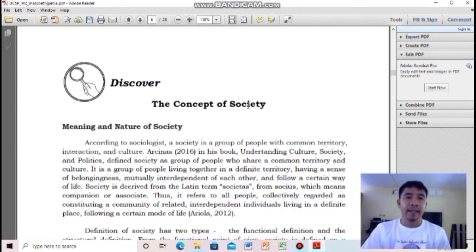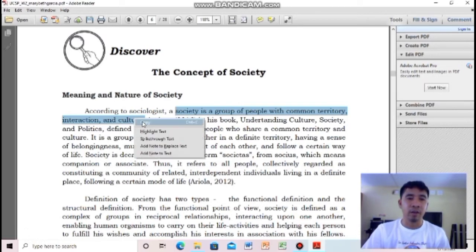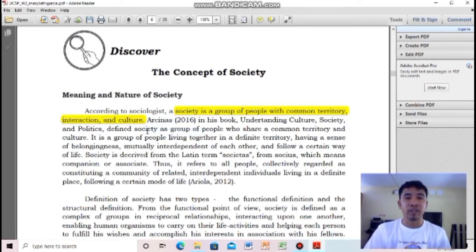Okay. Let us start the lecture for this week, meaning and nature of society, or what is the concept of society. So according to sociologists, a society is a group of people with common territory, interaction, and culture. So this is the basic definition sa aton nga society. Ang iyang mga component or criteria paano mo siya matawag nga society, it's una, may common territory.